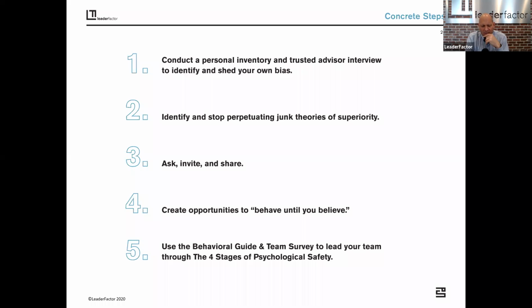How would you rate your team for inclusiveness in terms of an inclusive culture on a 10-point scale? And what we find over and over again is that they are very wrong. Their guess is very wrong compared to the reality when the team is surveyed. So keep that in mind. You need an accurate baseline to begin from, okay?